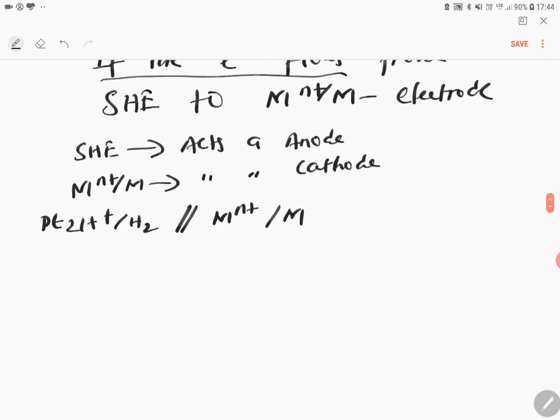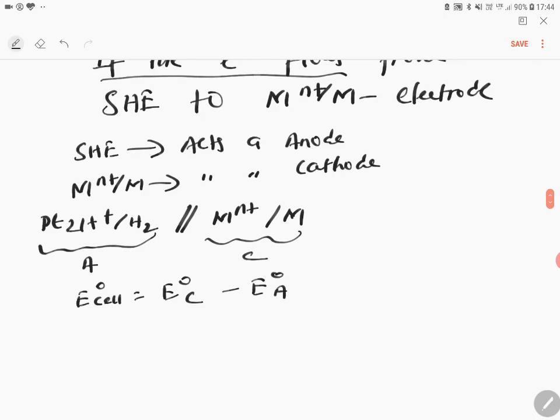So here this is anode and this is cathode. Accordingly, all of you know that E naught cell is equal to E naught cathode minus E naught anode. So here once again, X volt, E naught cell you will get from the voltmeter reading.